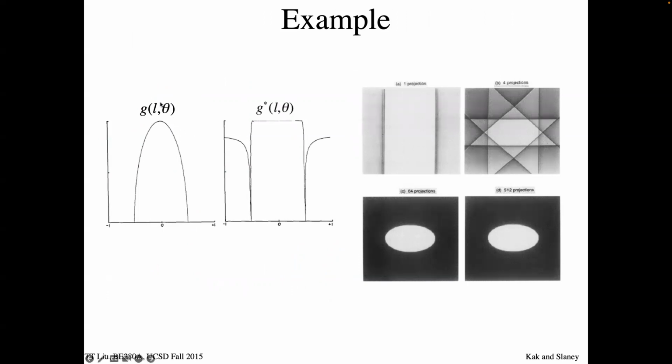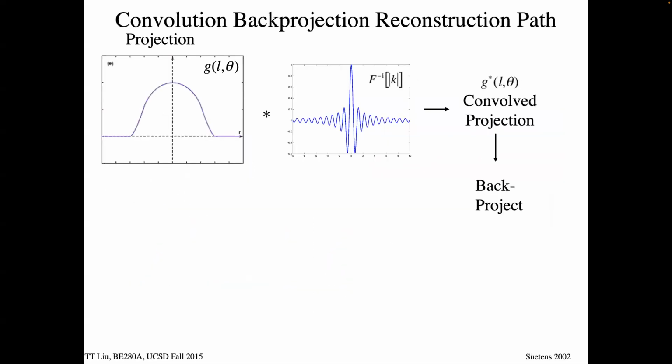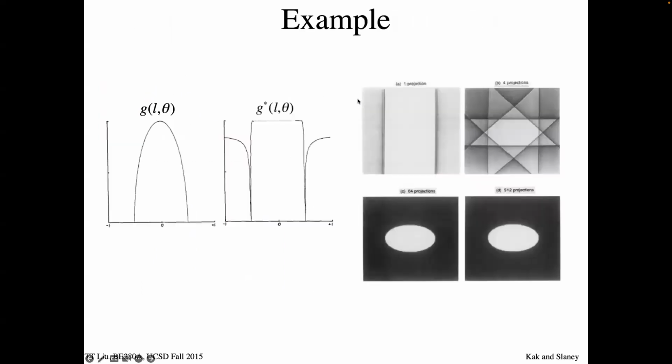For a specific L, this would change as I change theta. When I look at what the related G star L theta is, this is what it looks like. So this is post this convolution. I take this, convolve it with that sinc-looking function. It's not a sinc, but looks like that.